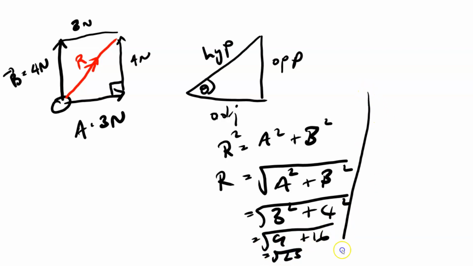Therefore, r is equal to 5 newtons. So this is a scenario: if two forces are at 90 degrees, we can solve it using Pythagoras' theorem, and that's our example there.